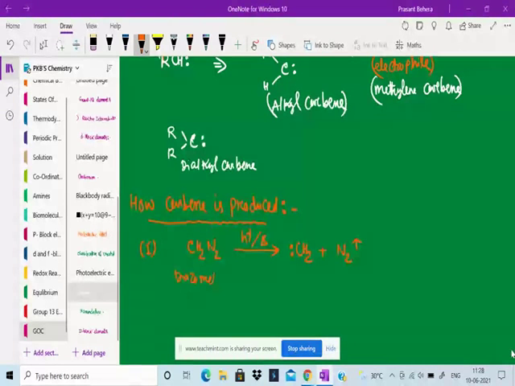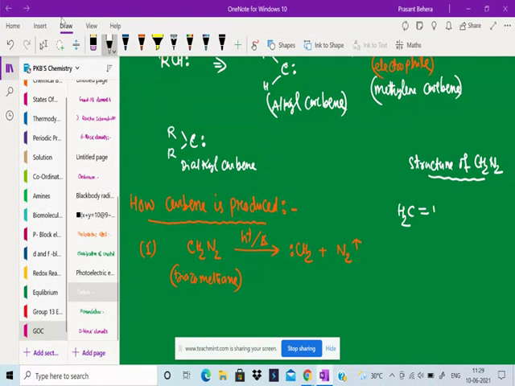Under pyrolysis or photolysis, this bond breaks. The structure of diazomethane is CH2 double bond N double bond N, with plus and minus charges. So this is diazomethane.